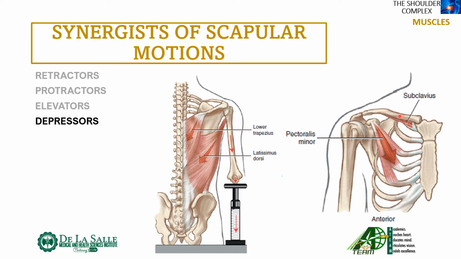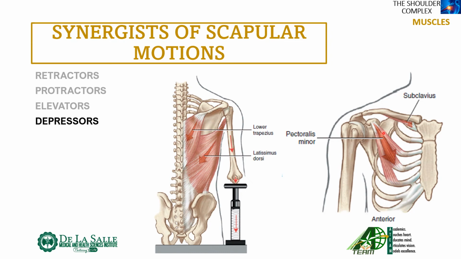So we can assume that if this contracts, it will only move the clavicle. But the thing is, since the clavicle is connected to the scapula through the acromioclavicular joint, if the subclavius contracts here, it will also perform depression of the scapula. The force that it produces is almost parallel to the clavicle. As you can see, this is your subclavius.